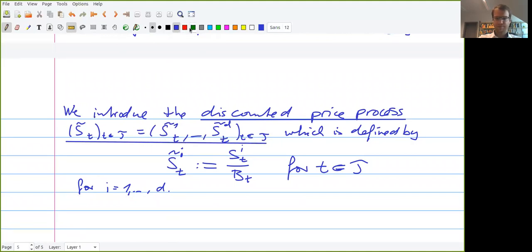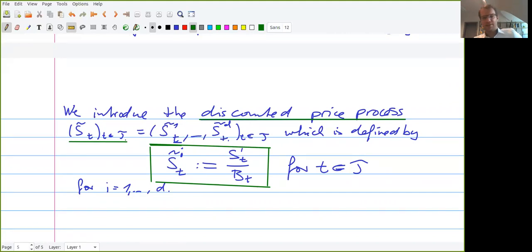Right. So, and to make my life easier, let me also introduce the difference operator.